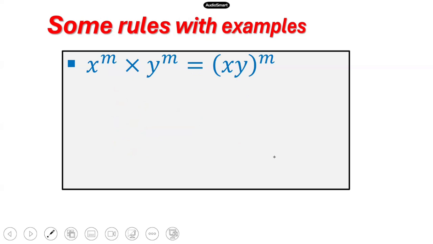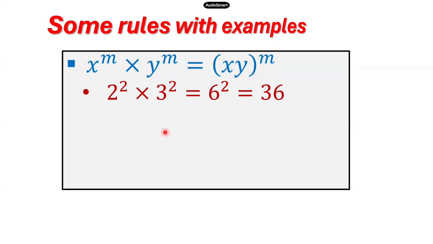The third rule is x to the power m multiplied by y to the power m. In this case, the integers are different, but the powers are the same. So in this case, we can write it as xy to the power m. For example, 2 to the power 2 times 3 to the power 2. Then we'll have 6 to the power 2, which is 36. If you calculate it separately, you will see that 2 to the power 2 is 4, 3 to the power 2 is 9.